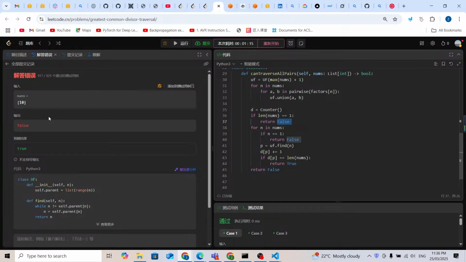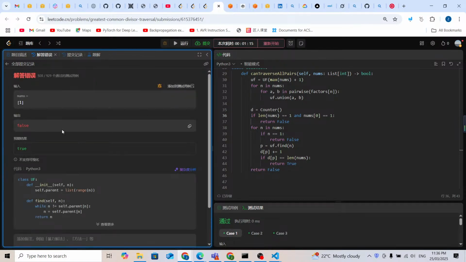Yeah, so for GCD with 1, and nums 0 equal to 1, it's going to be a false. Yeah, let me just run it and submit it to check. Maybe it works, maybe not.